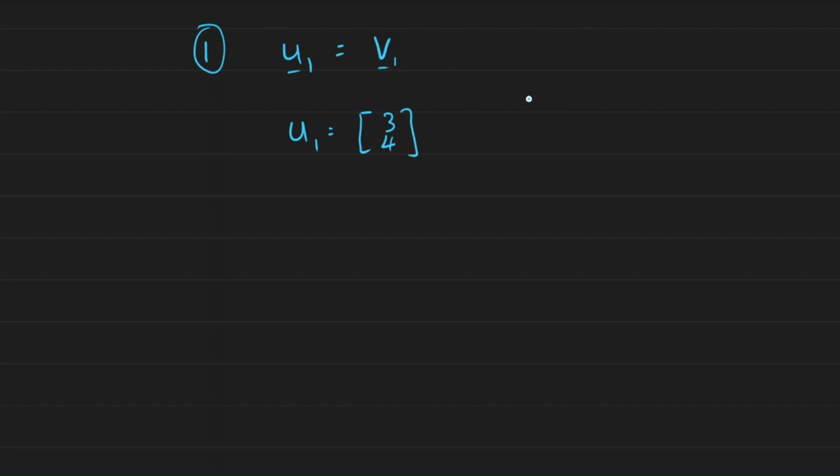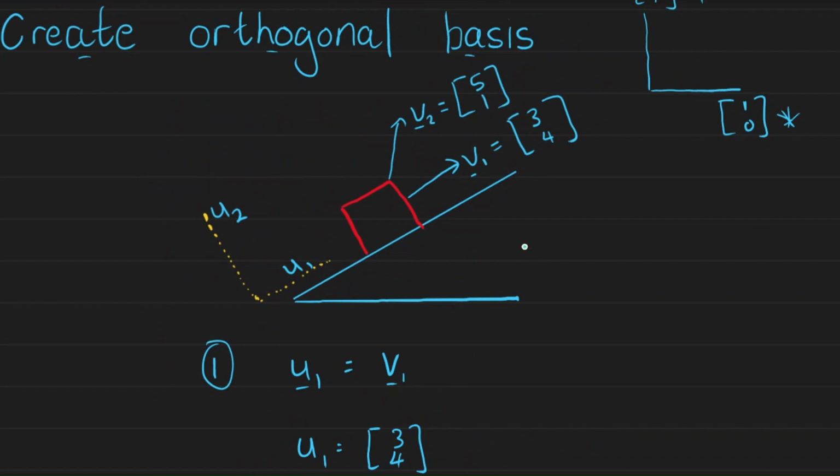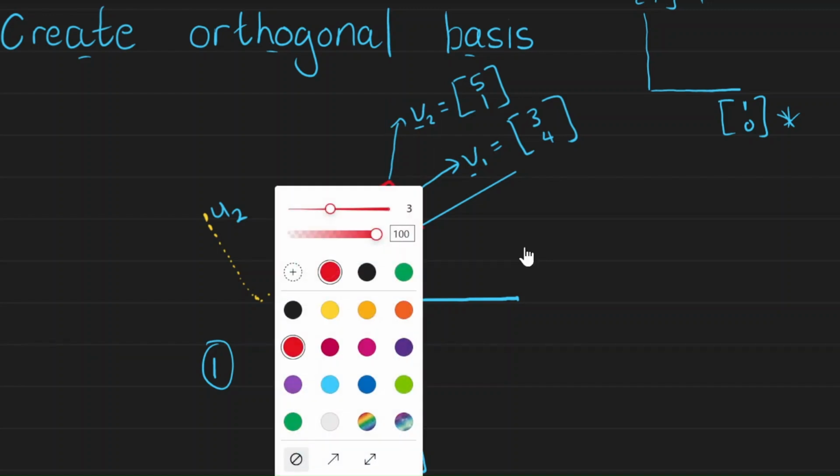Then the next step, step 2, is to project v2 on u1. What we're going to do is take v2 and split it into its two components. So v2 will have a component in the direction of v1.